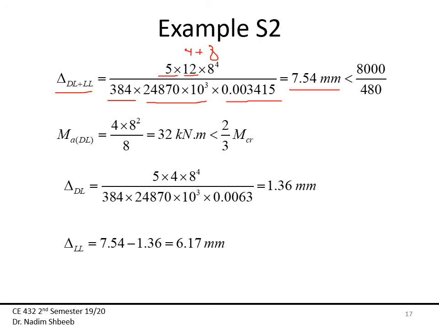And that's less than, I'm assuming here that partitions are likely to be damaged, then this is my L over 480, and I think this value is around 16 something millimeters.